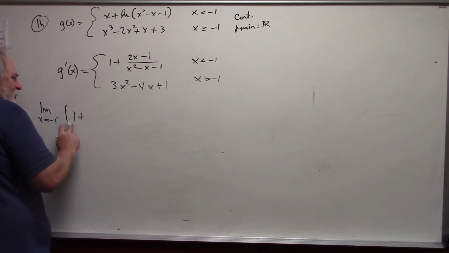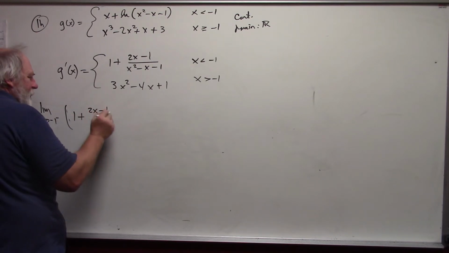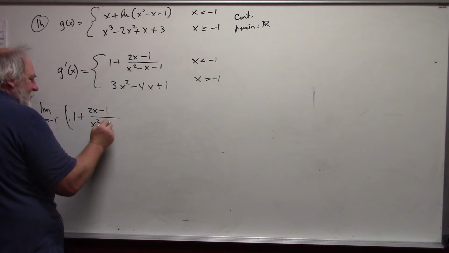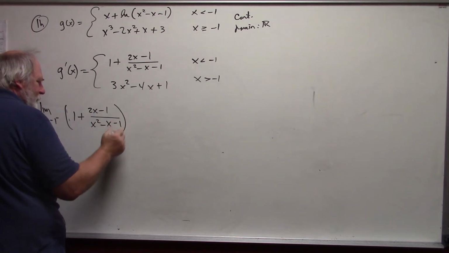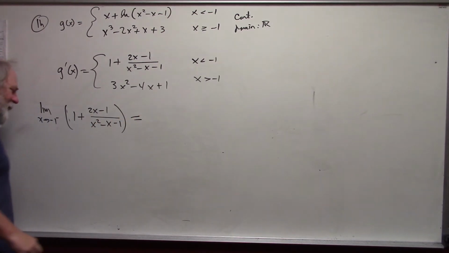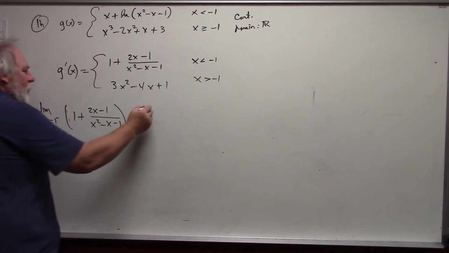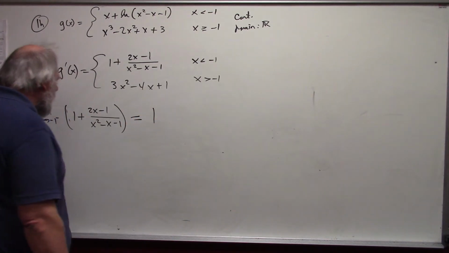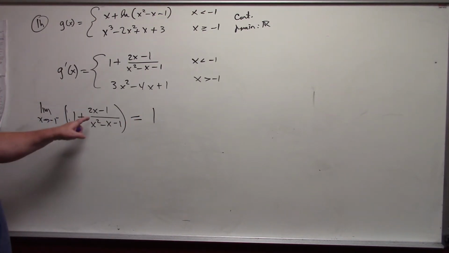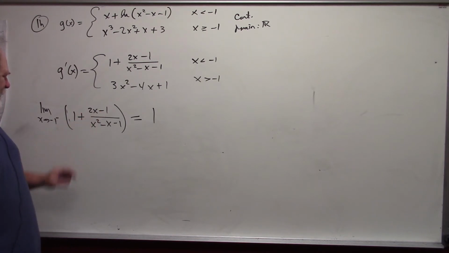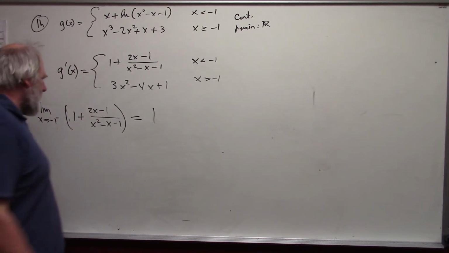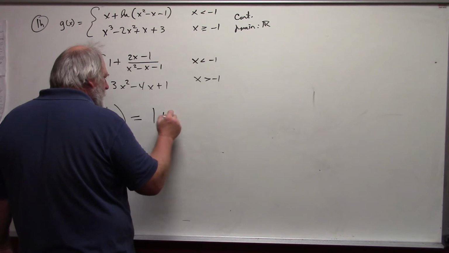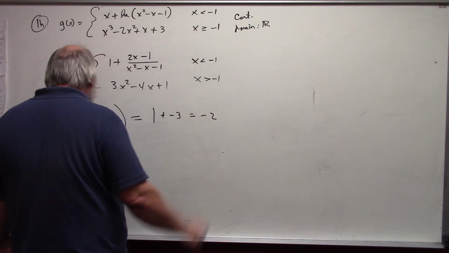That would be the function 1 plus 2x minus 1 over x squared minus x minus 1. And that value comes out to be 1 plus, this becomes negative 3 over 1, which is negative 2.